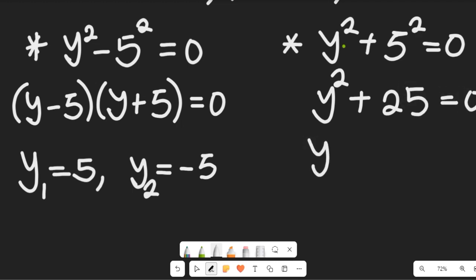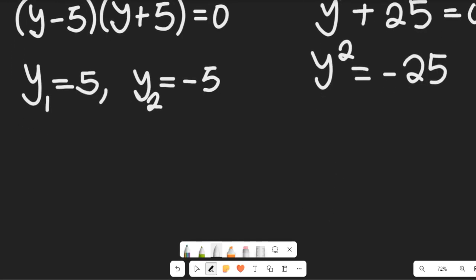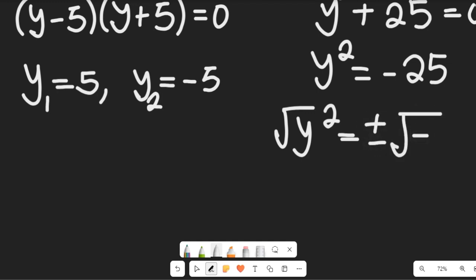So our y squared will be equal to negative 25 if we subtract 25 from both sides. Taking the square root of both sides to find the value of y, this will give us y equal to plus or minus the square root of negative 25.